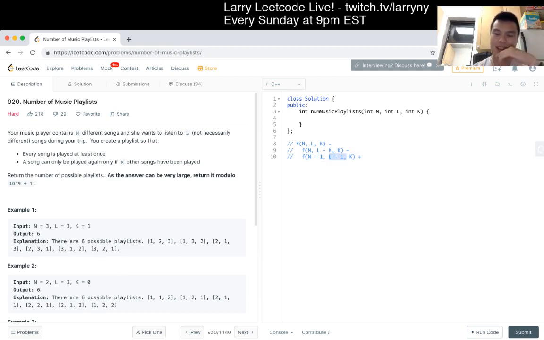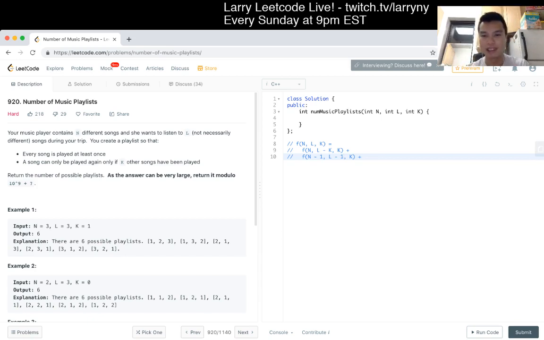this is L minus 1 because, well, wait, is it L minus 1 or just L? Maybe it could go either way. I was originally thinking L minus 1 because you play the current song and then you're done with it, right?